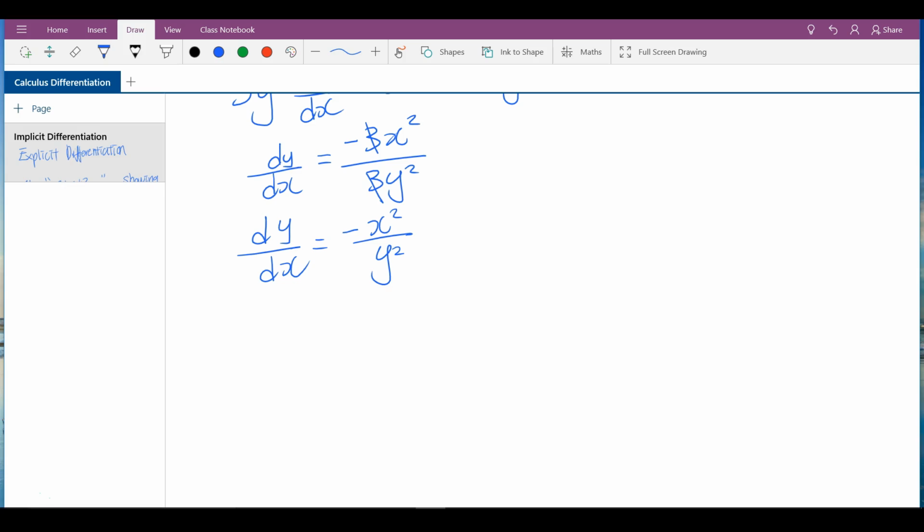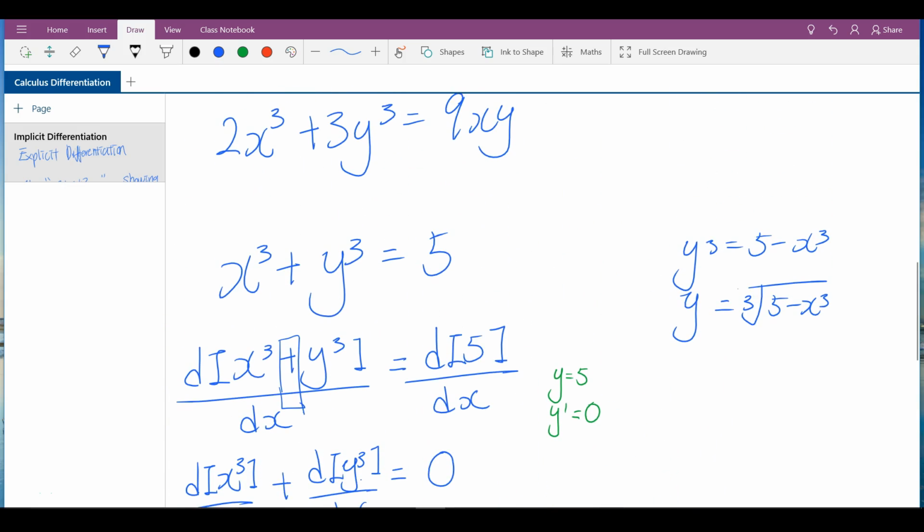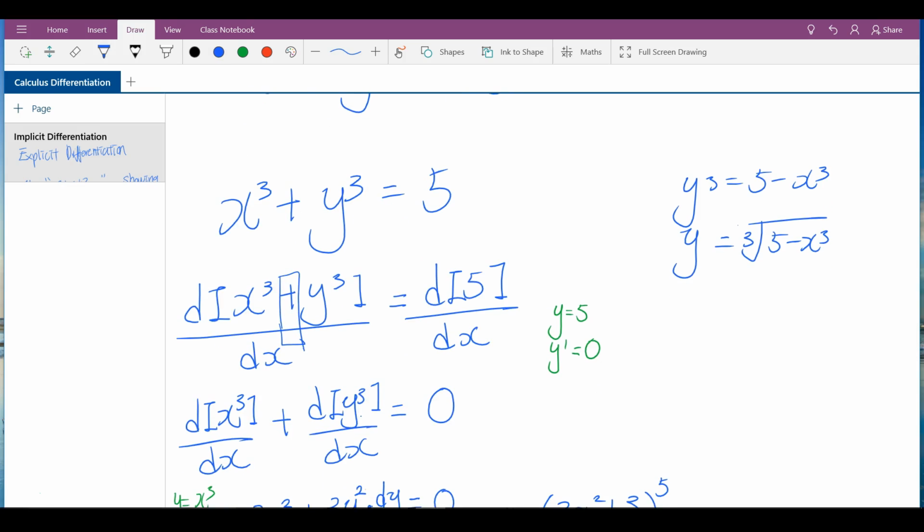So let's go back to the very beginning. We got this equation here: x cubed plus y cubed equal to 5. So we can actually use this. If we make y the subject, like this, that is the expression of y in terms of x.